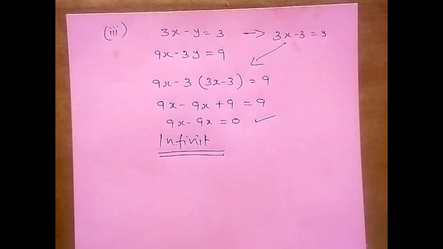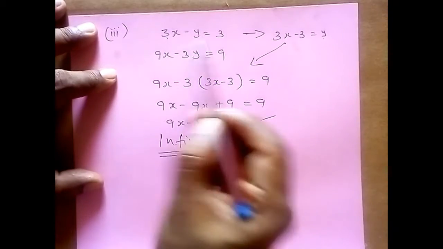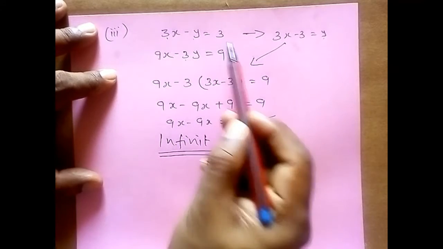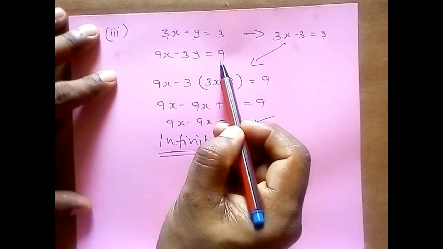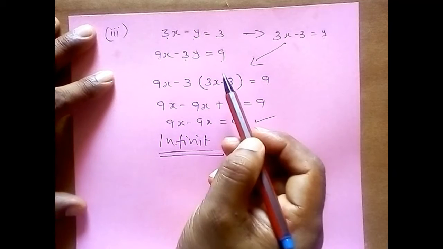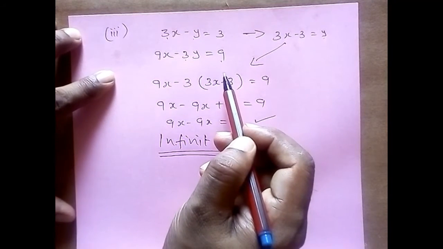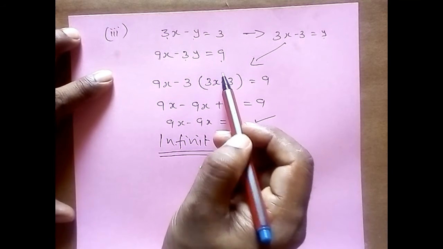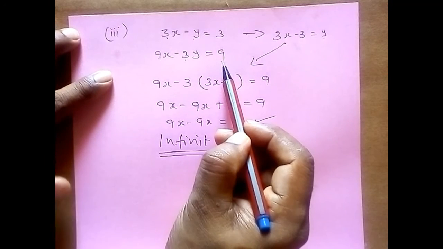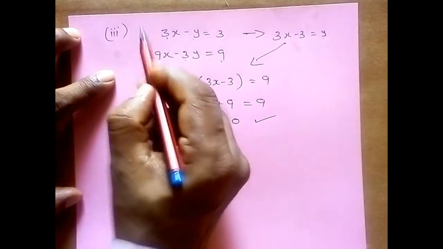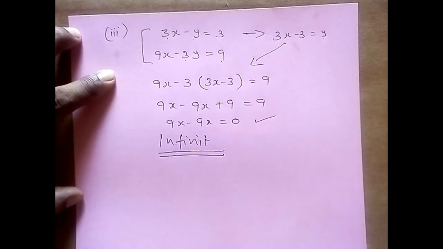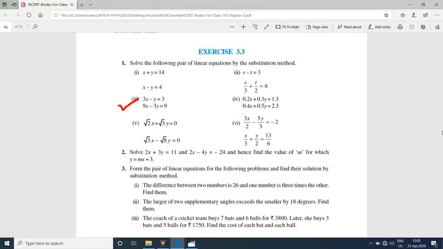Of course, in the last section we have seen that if a1 by a2 is equal to b1 by b2 is equal to c1 by c2, then these two equations represent the same line and they have infinite number of solutions. So using that logic also you can find that this pair of lines will have infinite number of solutions.